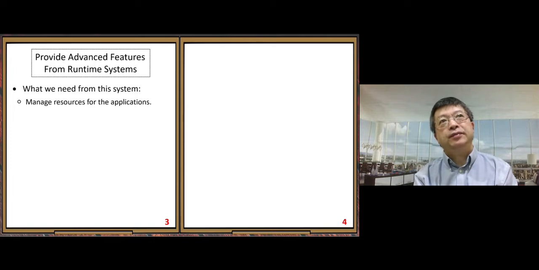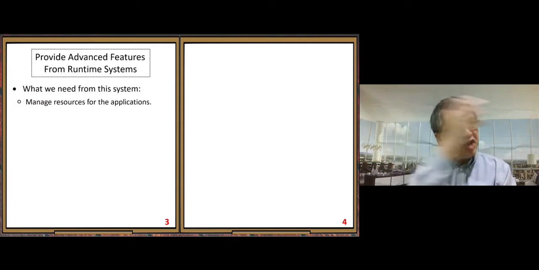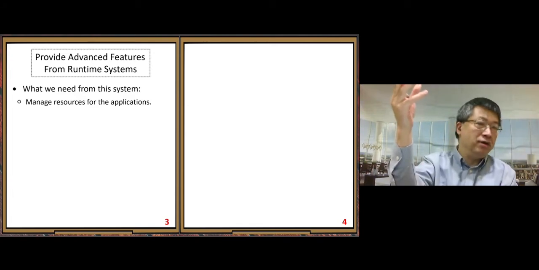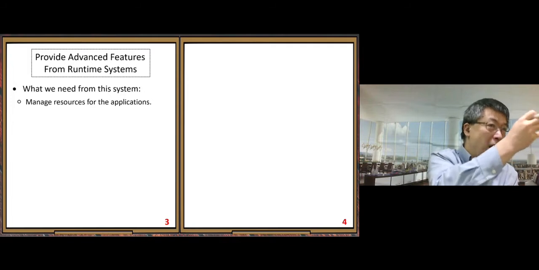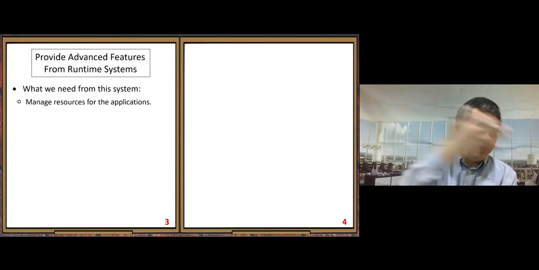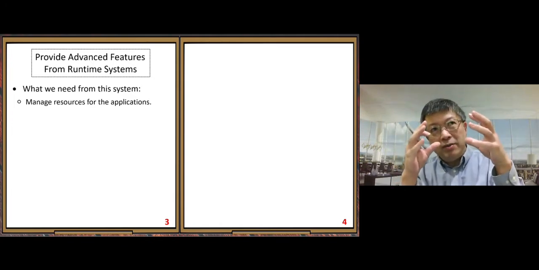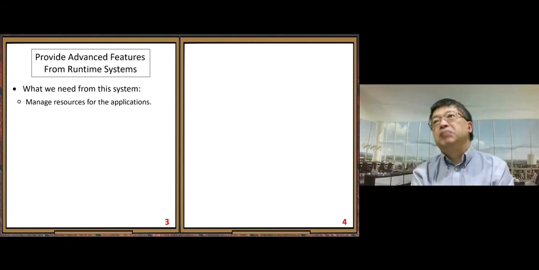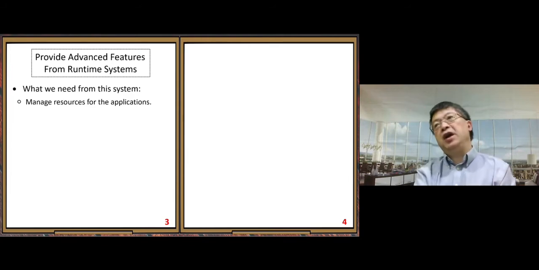Because these resources require some special features, the general OS cannot handle those special features, because a general OS does not know anything about your technology. So it cannot do anything, right? So your special runtime environment knows how to do different things for your technology.